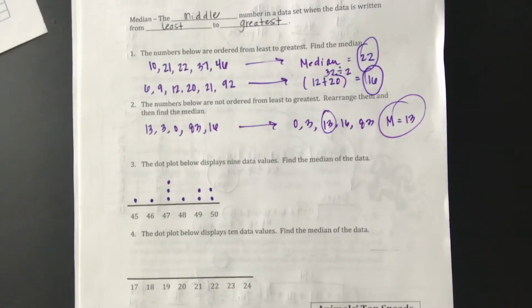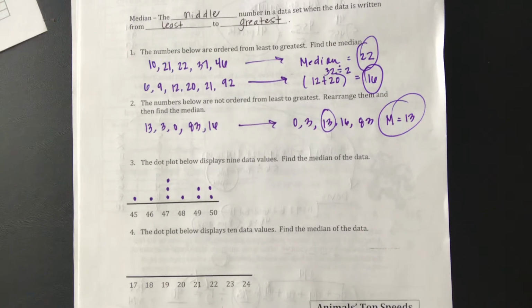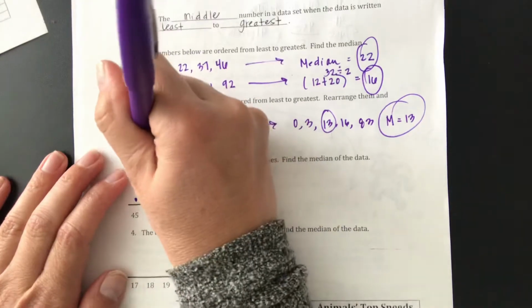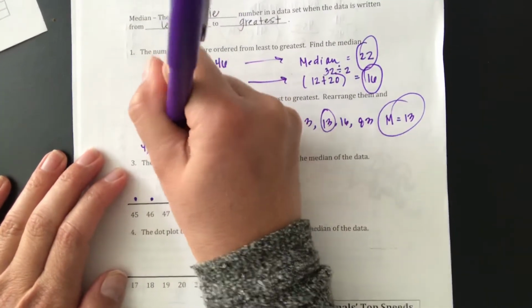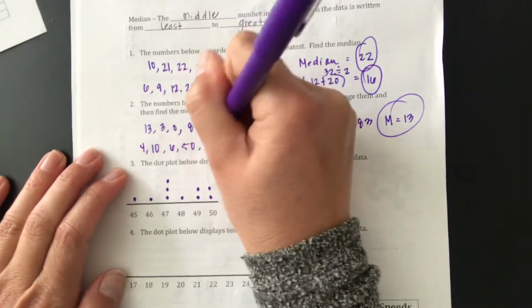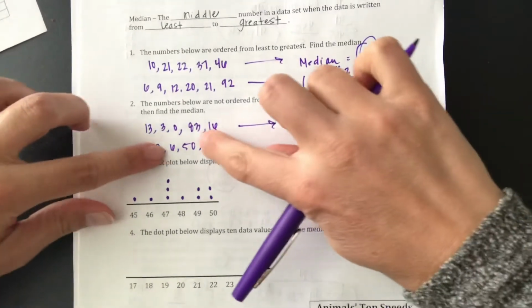Now on this next set, I'm guessing it's going to be an even number set, so we can do one of each. We've got 4, 10, 6, 50, 18, and 18. Again, we can't just go in the middle there.